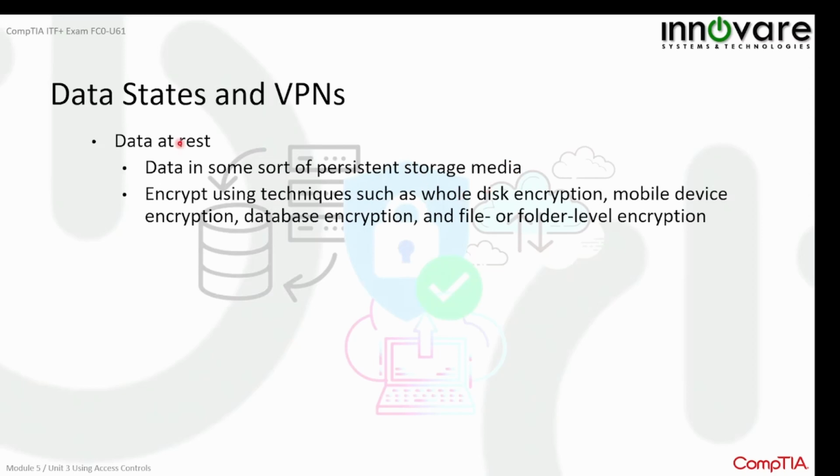Yun ang mga tawag na data at rest. So may mga encryption dyan. It's either the whole disk is encrypted, or yung mobile device is data within it's encrypted. Meron ding database encryption, or even just at the file or folder level encryption. Pwedeng yun lang encrypted, it doesn't have to be the entire disk.